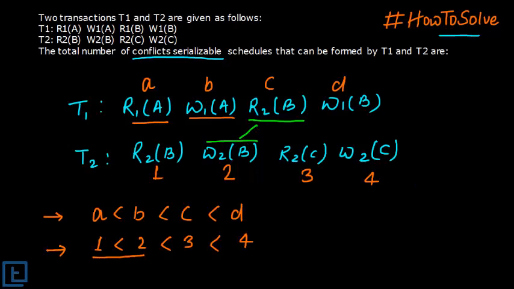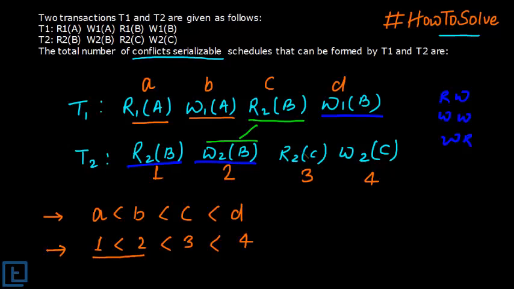These two. Similarly, if you go for W1B, this read and write, because we know what the conflicting combinations are: read write, write write, and write read. Read read is not a conflicting situation. So for W1B, both these two are conflicting operations.